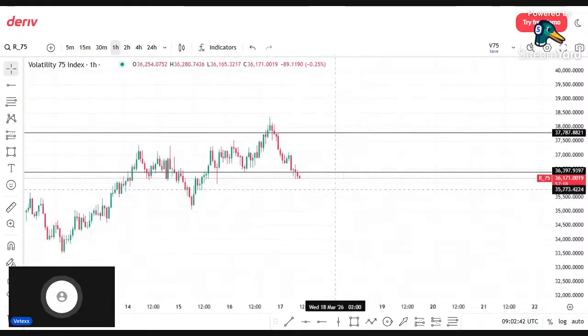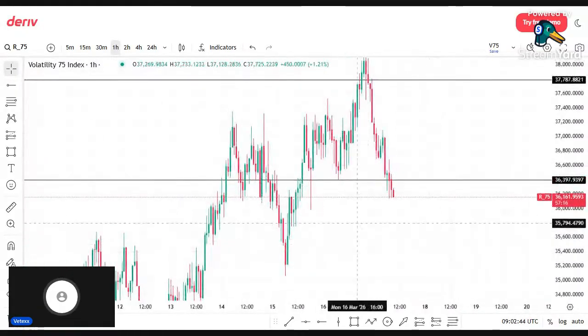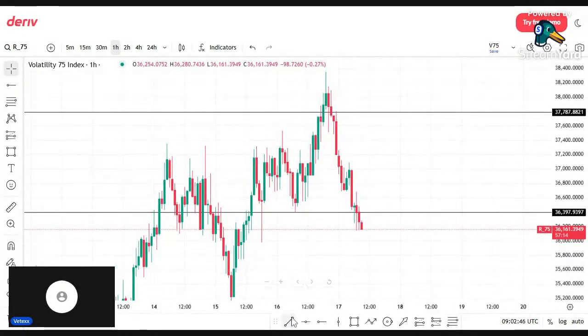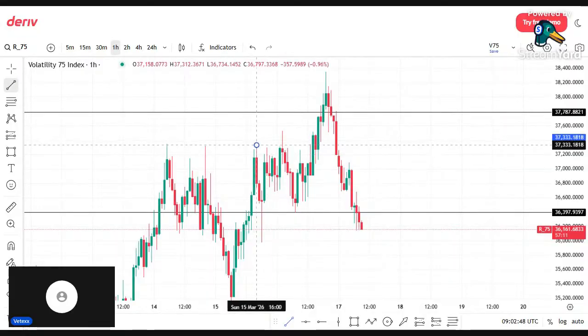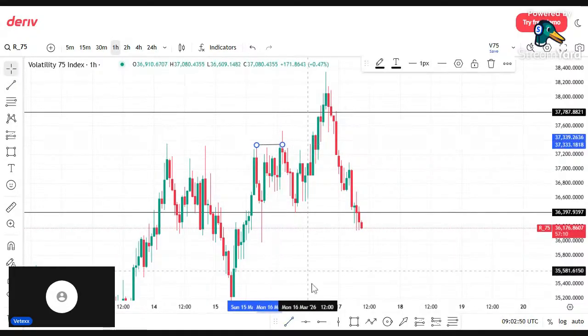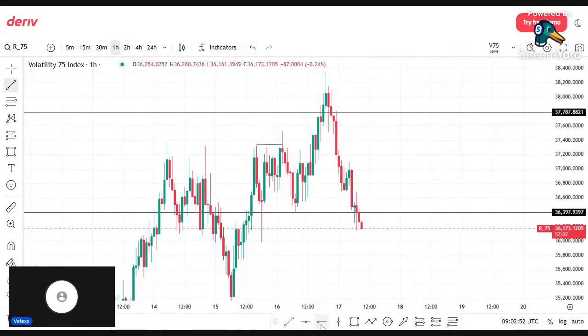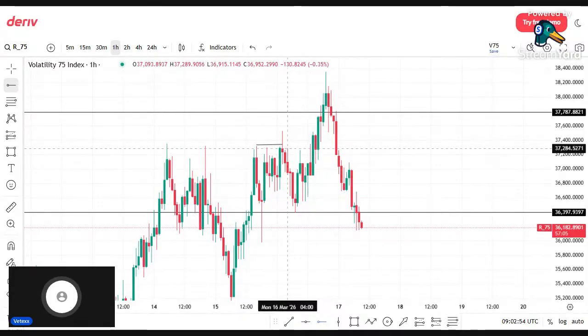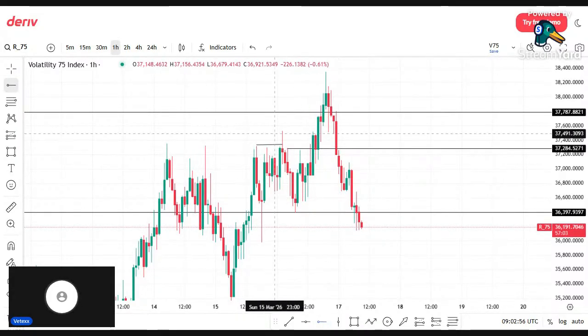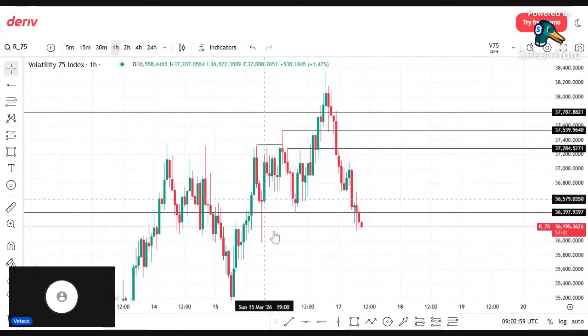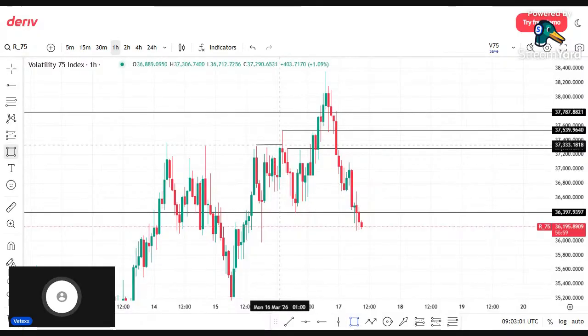We have a continuation setup on the 1 hour time frame here. Our sweep here, our structural liquidity here, and also our protected high here. This becomes the point of interest.